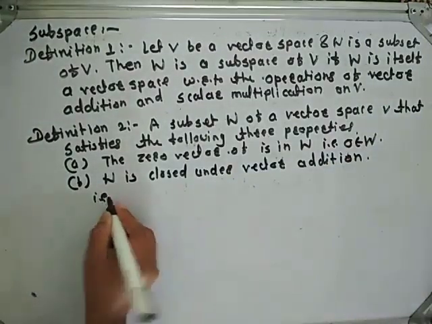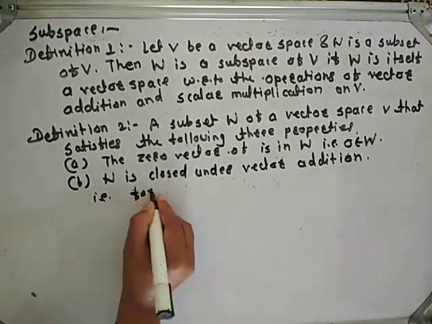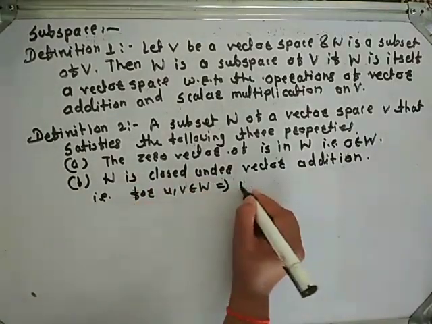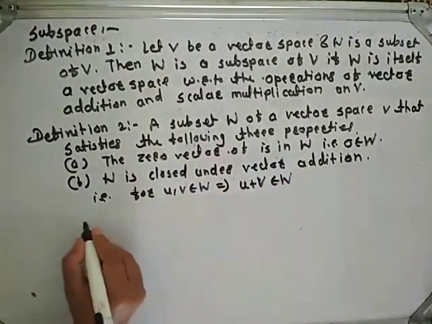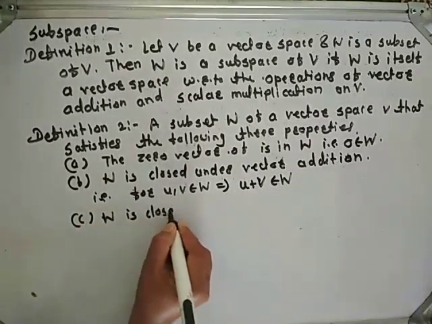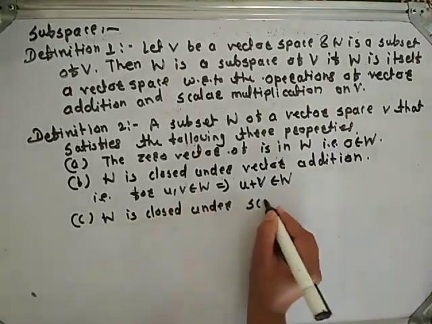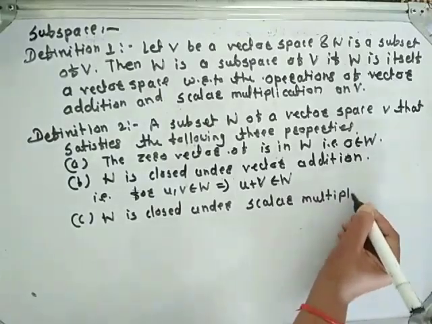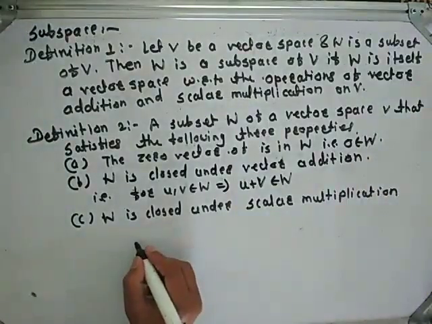That is, for u, v belongs to W implies u plus v belongs to W. Third, W is closed under scalar multiplication.